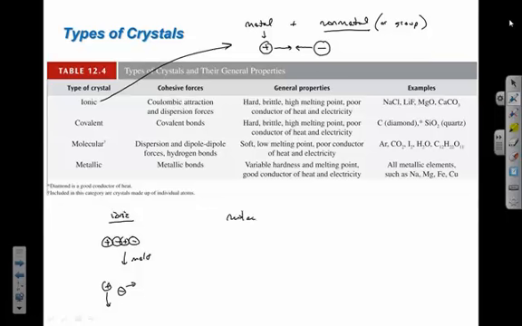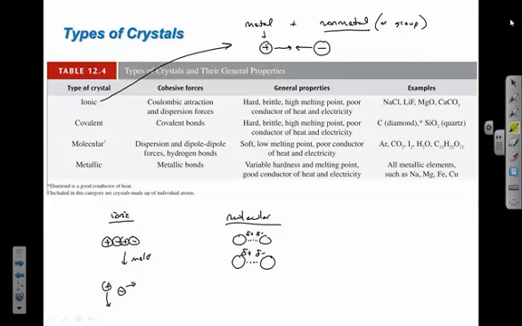In a molecular solid, the only difference is that all my molecules are usually not fully charged. So I would have neutral molecules that only attract one another because maybe they have a dipole-dipole, partial charge attraction, or maybe a temporary dipole, London forces, or maybe a relatively strong dipole-dipole known as a hydrogen bond, because I've got a hydrogen with a large partial positive and a large partial negative on an electronegative atom.